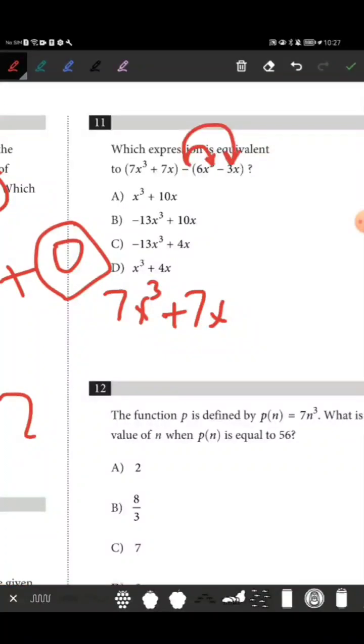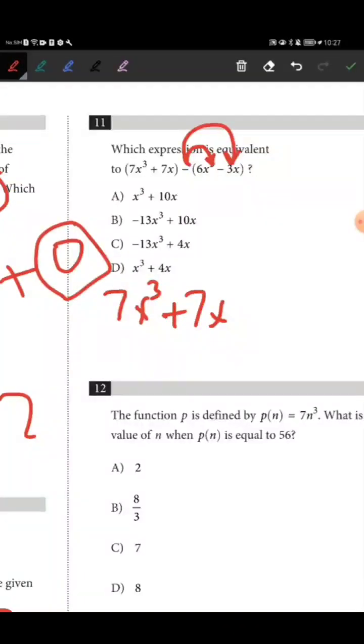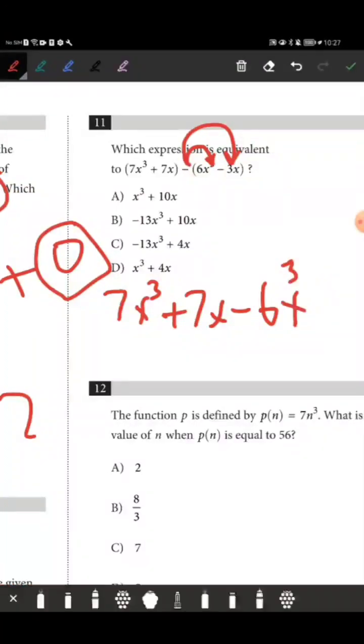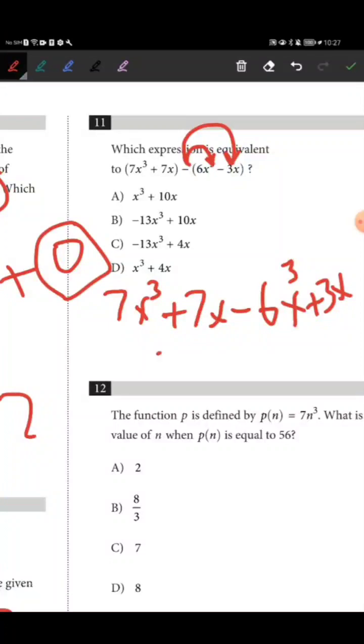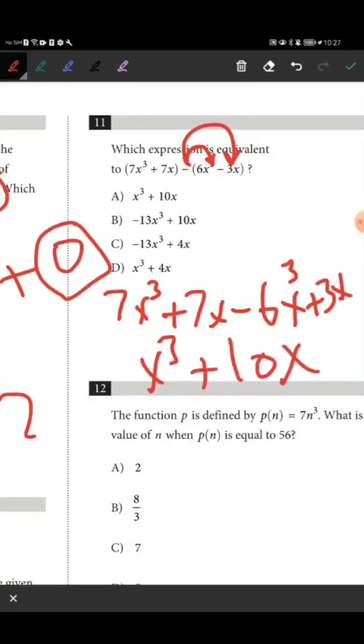It is simply a distributive property, so negative 6x to the power 3 plus 3x. Now let's add the values, so x to the power 3 plus 10x is the answer. So the answer for question number 11 is A.